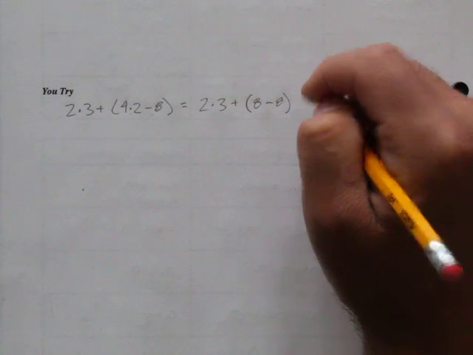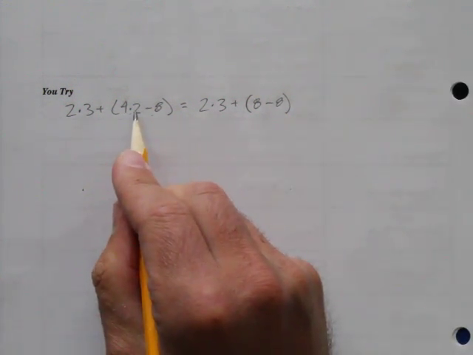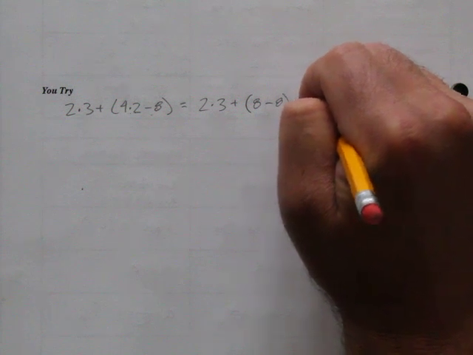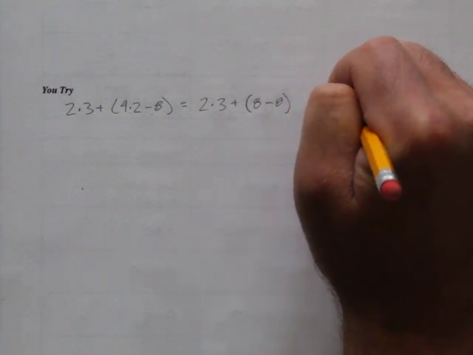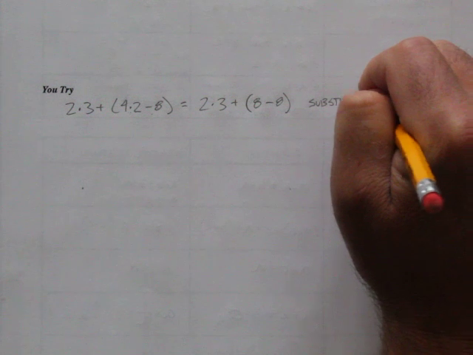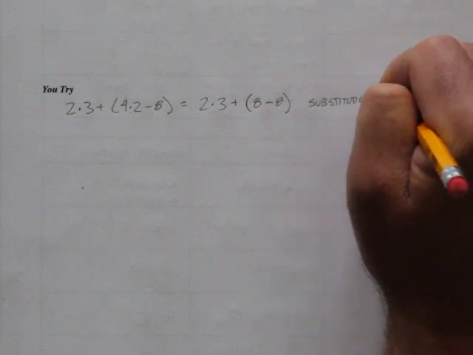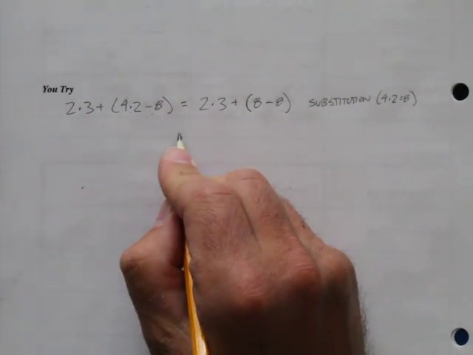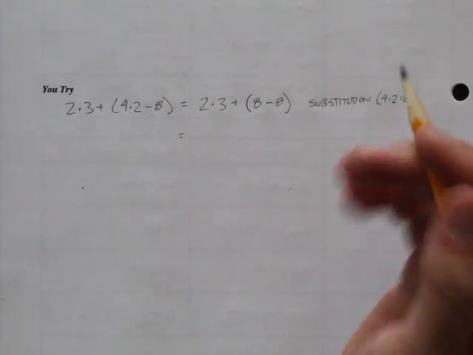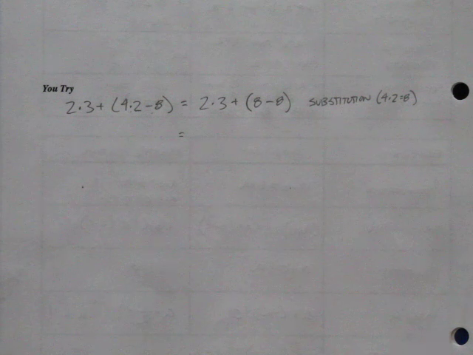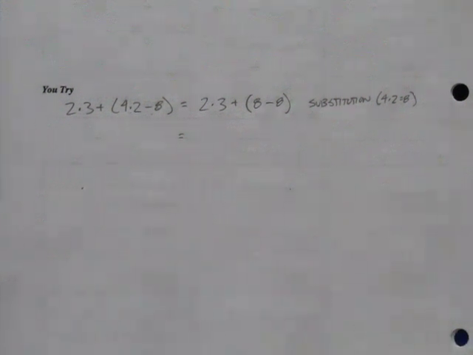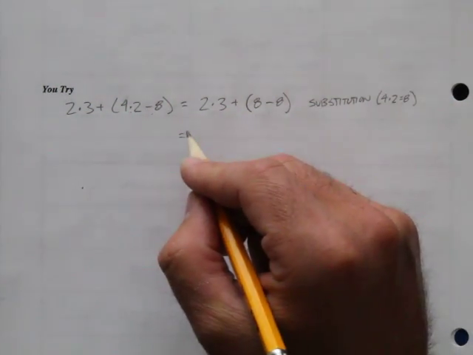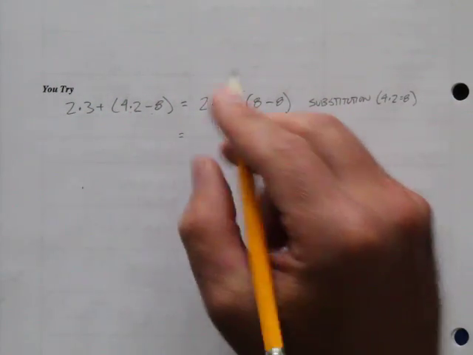I'm going to call that substitution, which is 4 times 2 equals 8. Whenever it's just a common multiplication, addition or subtraction, and it's just a normal deal, just call it substitution.